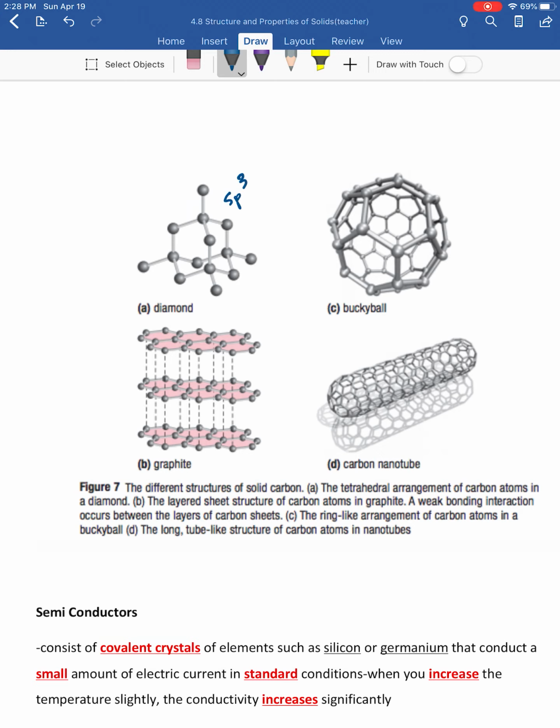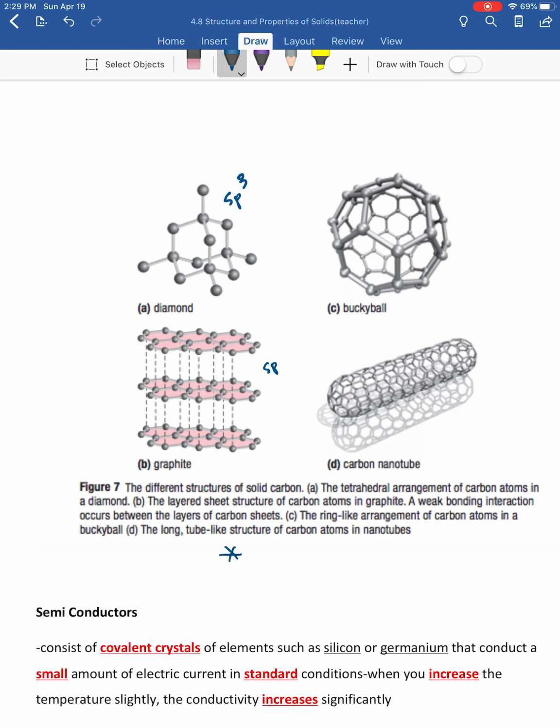Graphite is linear, so graphite is more sp hybridized. And we've got nanotubes, so this is for our nanotechnology. So very strong, inert, doesn't conduct electricity. There's a lot of good qualities about these covalent network crystals that make them in high demand.